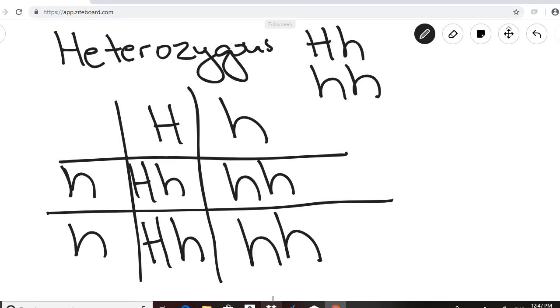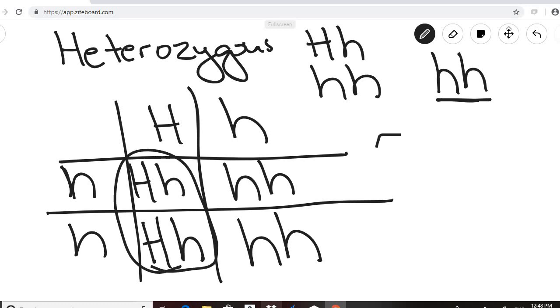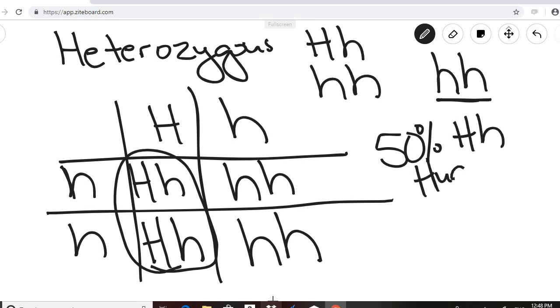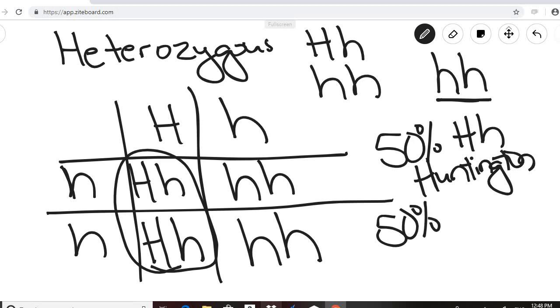So most people are recessive. Most people do not have the disease. But if somebody who has Huntington's marries somebody who does not have Huntington's, there is a 50% chance that their offspring will have Huntington's. So 50% will be normal, and 50% will have Huntington's.